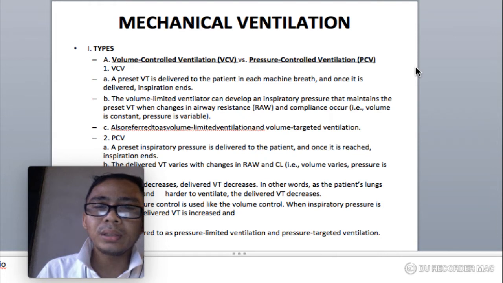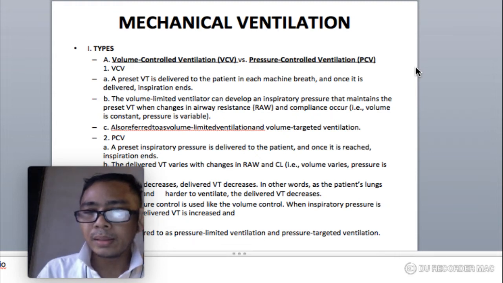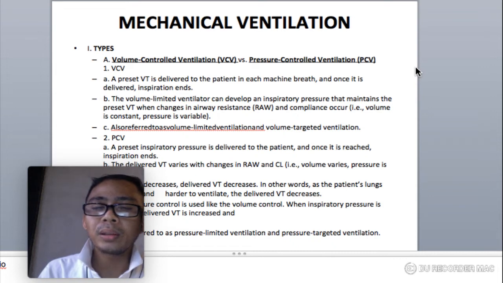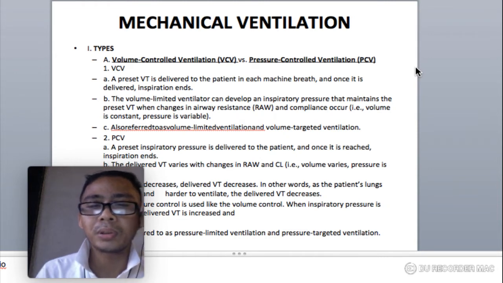Add on to this, VCV, the volume controlled ventilation, is more targeted for adult patients, whereas PCV, the pressure controlled ventilation, is more targeted for pediatrics. Although PCV is also sometimes used in advanced mode for patients with a special lung condition called ARDS, or acute respiratory distress syndrome.